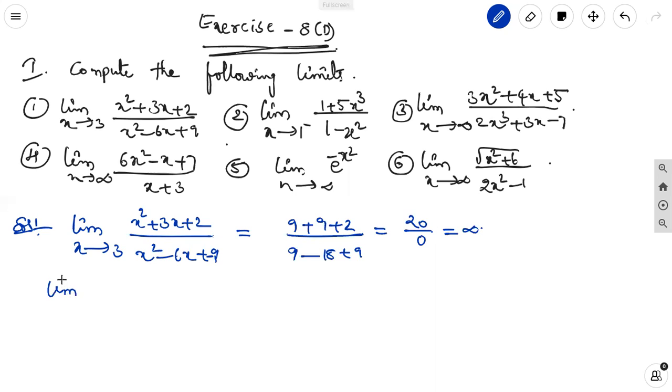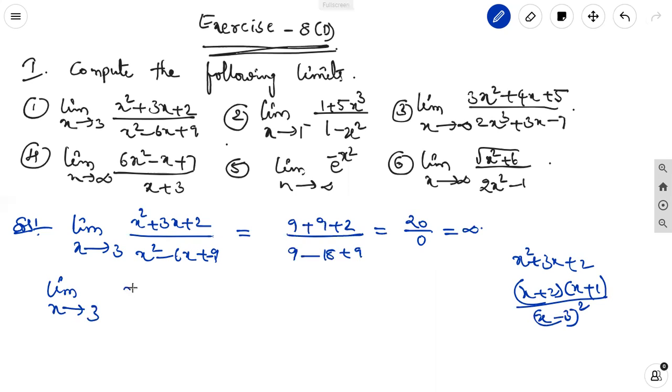If any other approach is there, we can find the factors. x square plus 3x plus 2 is x plus 2 into x plus 1. But in the denominator, it is x minus 3 whole square. Why? Because it is of the form a square minus 2ab plus b square.